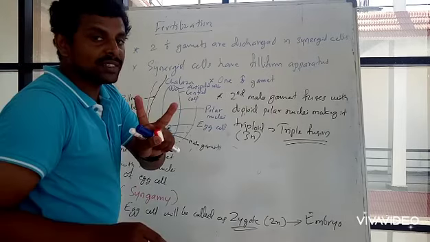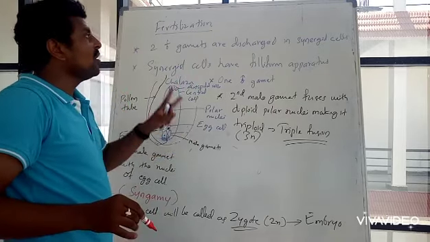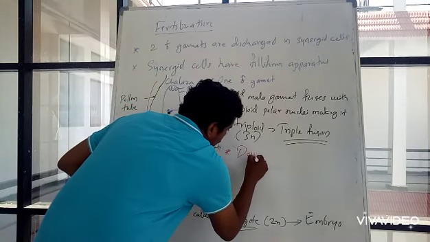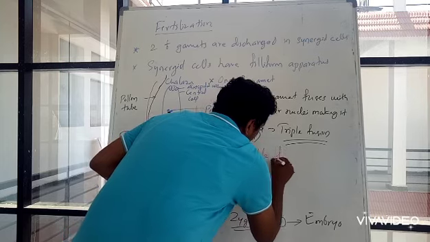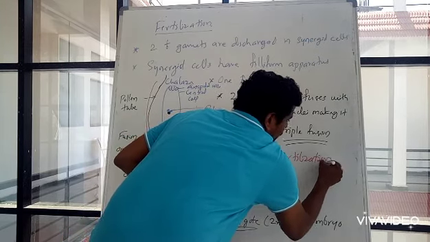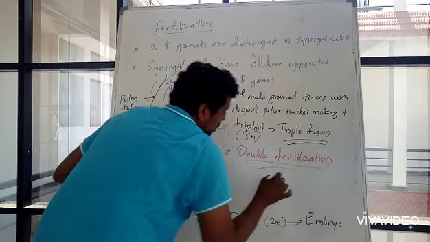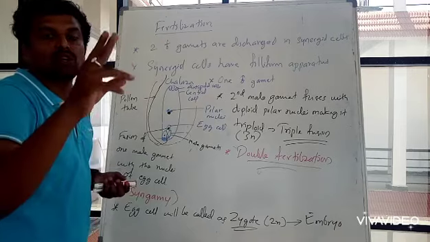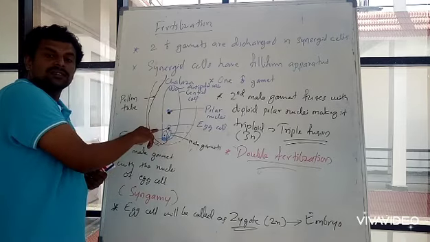So as two fusions are taking place, this kind of fertilization is called double fertilization. Got it? So double fertilization means generally the pollen grain releases two male gametes in the synergid cells.